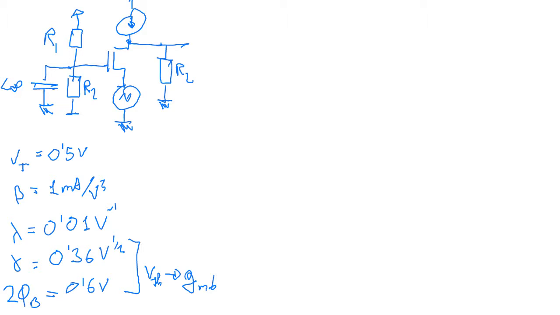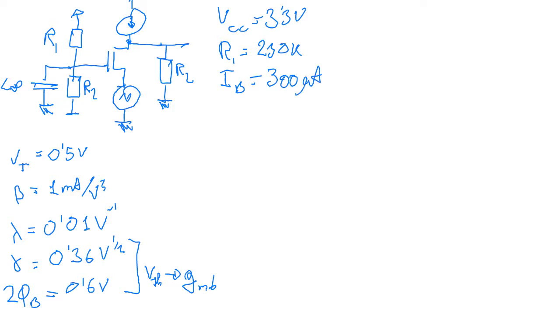And then we have other things like VCC, which is 3.3, and R1, and the bias current, which is 300 microamps, and the load, which is 10 kilo ohms.